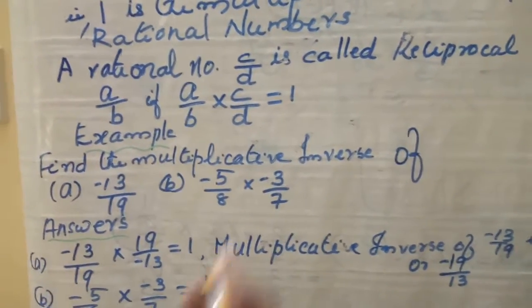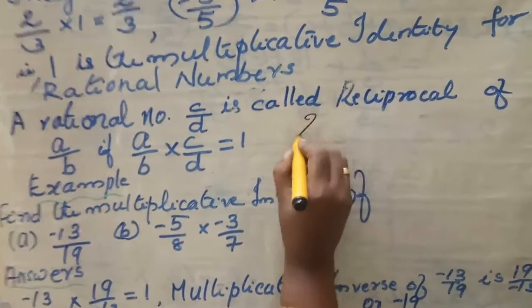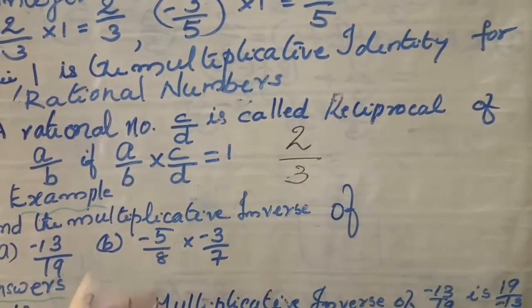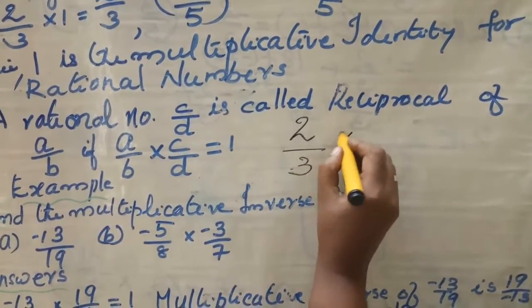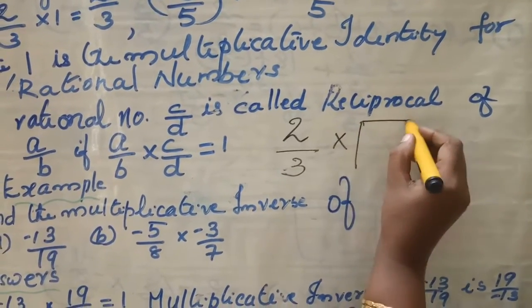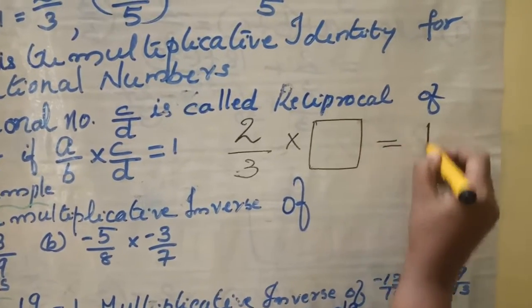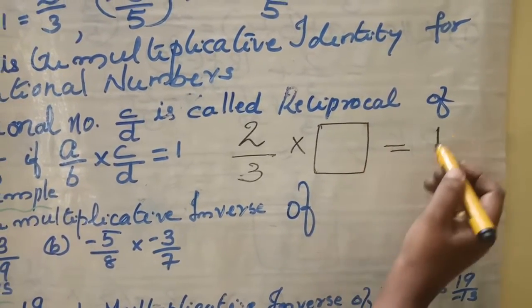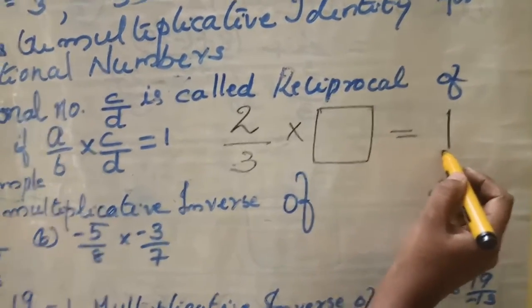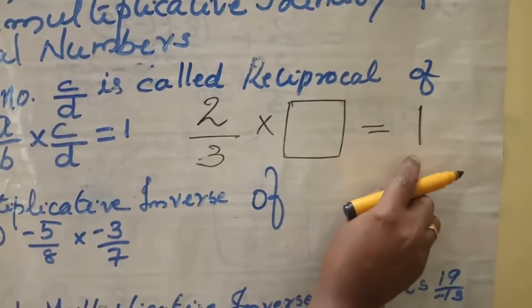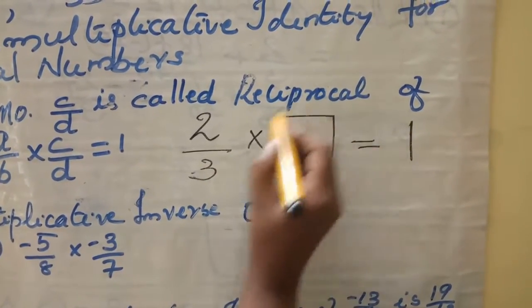What does it mean? For example, I consider the rational number 2 by 3. It is multiplied by a rational number. The result is 1. That means we have to get the result as the multiplicative identity 1. So can you say what is this box?